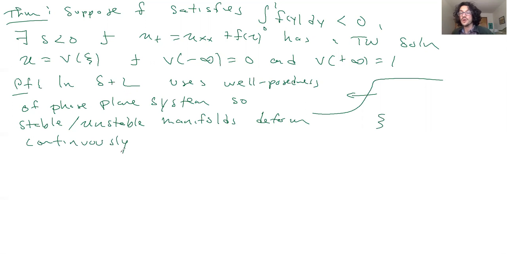And that's important to the shooting argument, right? So basically, as I change my parameter S, my stable and unstable manifolds should deform continuously until they meet each other and they make this nice heteroclinic trajectory, okay? So yeah, there must be some S for which those two are going to meet each other.